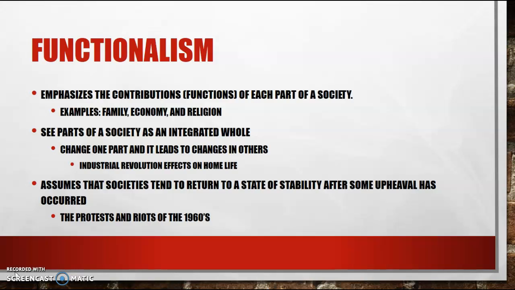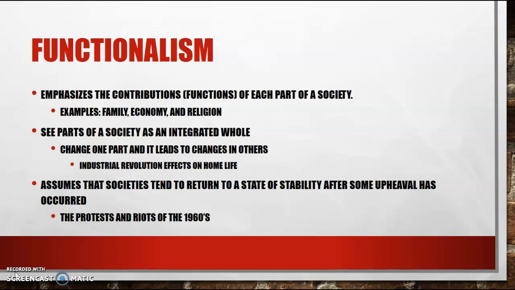In functionalism, it assumes that societies tend to return to a state of stability after some upheaval has occurred. We look at the 1960s Civil Rights Movement and how the protests and riots caused some disturbance in society, caused some change to happen, but in reality, these protests and rioting still went back to a stable form of society.